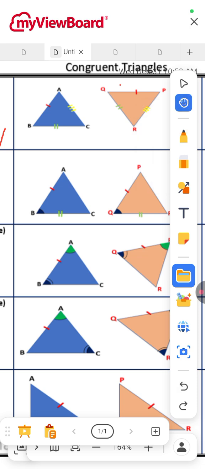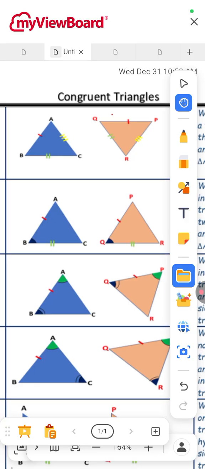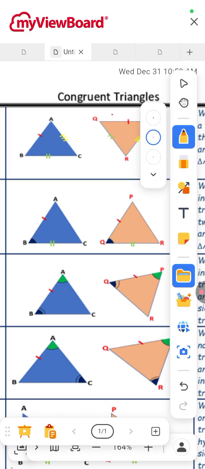Now, if I look at these two triangles, I will see that the side AB stroked once, side BC stroked twice, side AC stroked three times. That's telling me that all those three sides are not equal. That's like a scaling triangle. That's why they are stroked different amount of times.